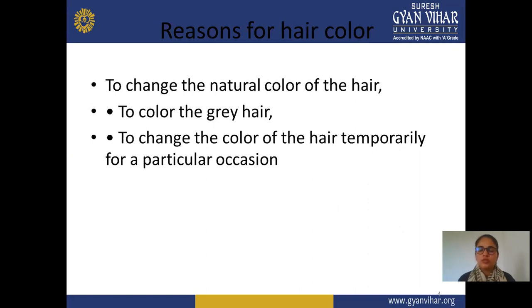If it stays for one month, it means three to four washes completely remove the dye. So these dyes may be applied for some reason or without a reason, maybe old age, some occasion, or fashion purposes, according to a requirement. It is available in different types, maybe temporary dye or permanent dye.